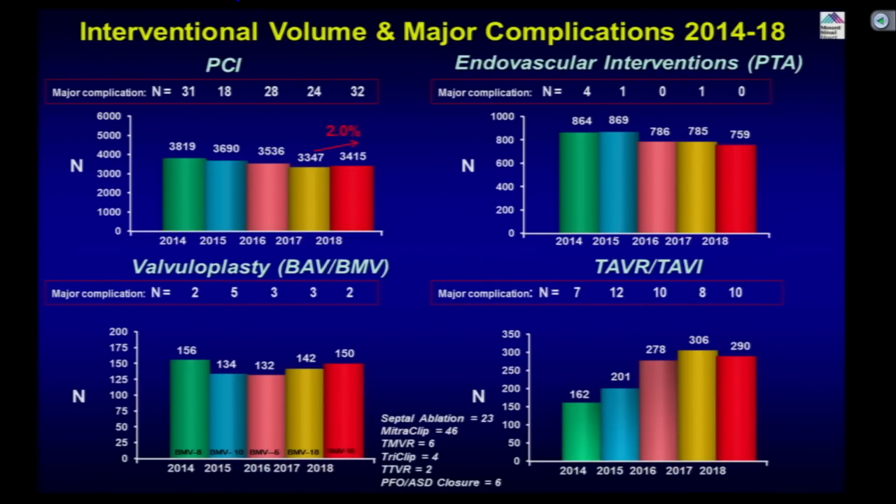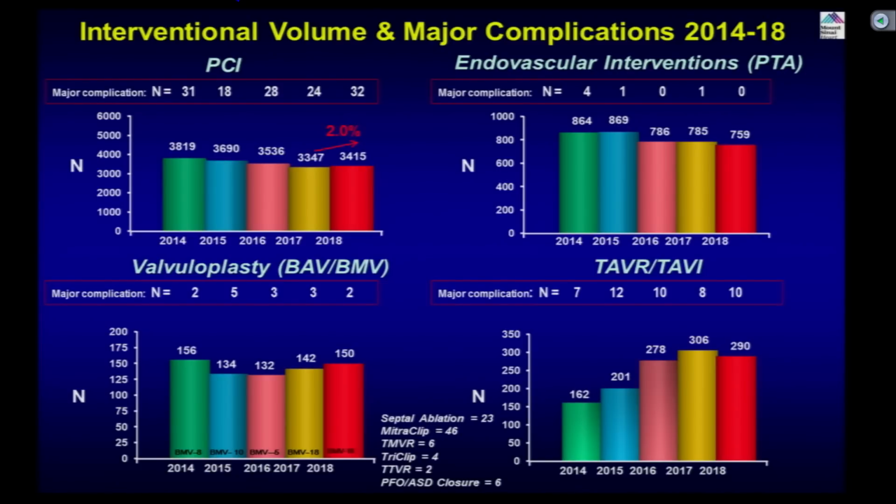So we actually have a much higher case mix index and acuity of our PCI patients, and you see the numbers. PTA remained flat, structural remained flat, and we did various other new structural interventions, including tricuspid clip and tricuspid valve replacement, and the PCI number went up by 2%.